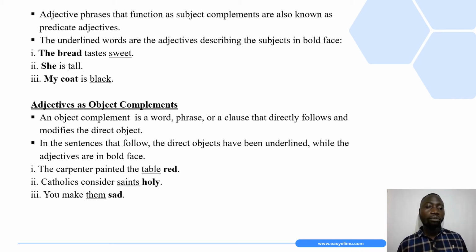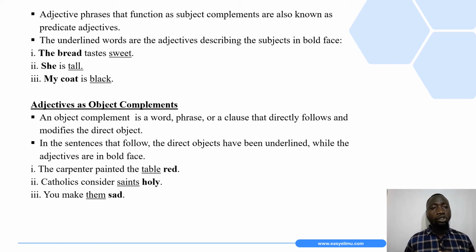The first example, the carpenter painted the table red. The second example, Catholics consider saints holy. And the third example, you make them sad. Look at the direct objects that are underlined, and again look at the adjectives that are in bold.